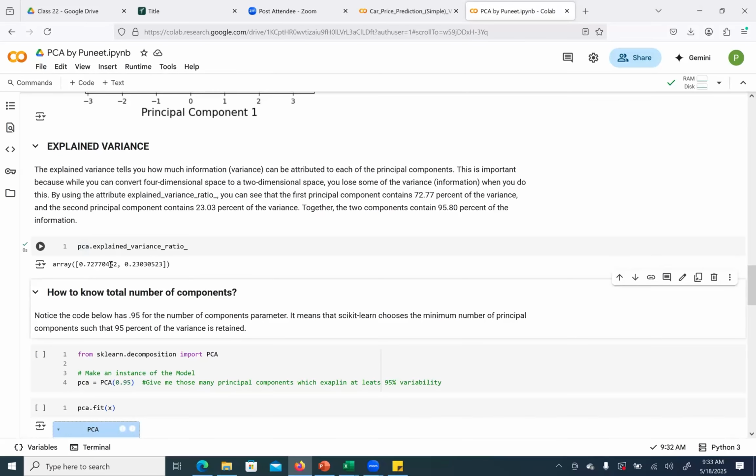So it is 73% plus 23, so it will be around 96%, right? So 4 variables together were explaining 100% variability, and these 2 variables together are able to explain 96% of the variability in the data, right?